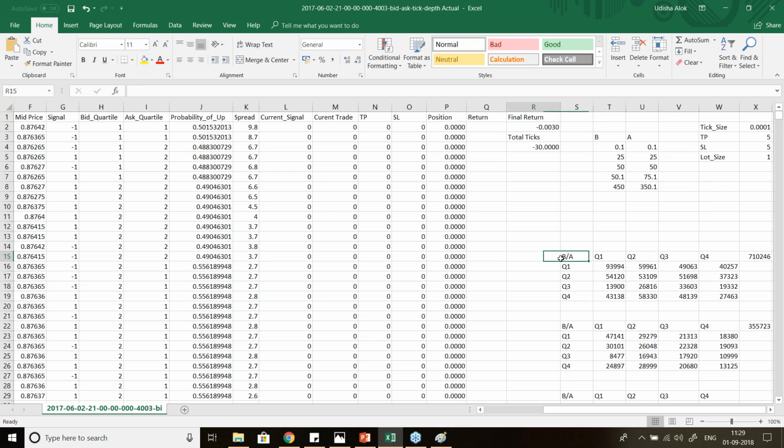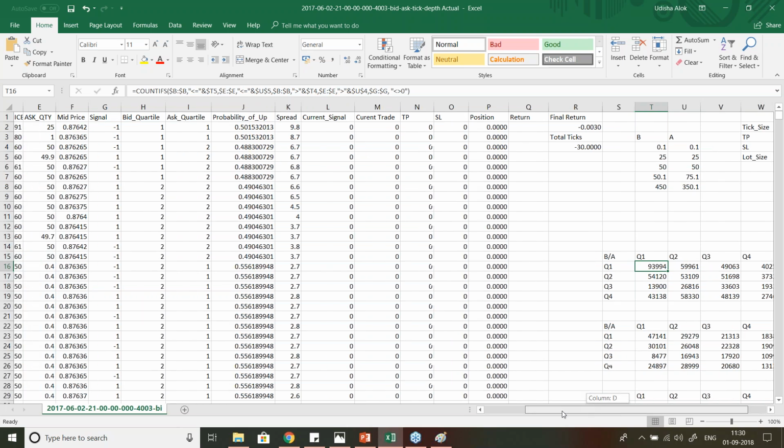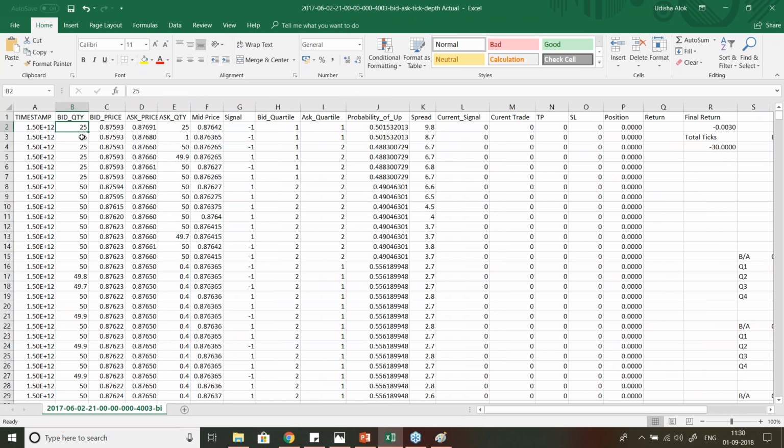Here B stands for bid and A stands for ask. So these are bid values and these are ask values. If I say that there are 93,994 observations, it means that when ask volume was in Q1 and bid volume was in Q1, there are 93,994 such instances where bid and ask quantity are in Q1.